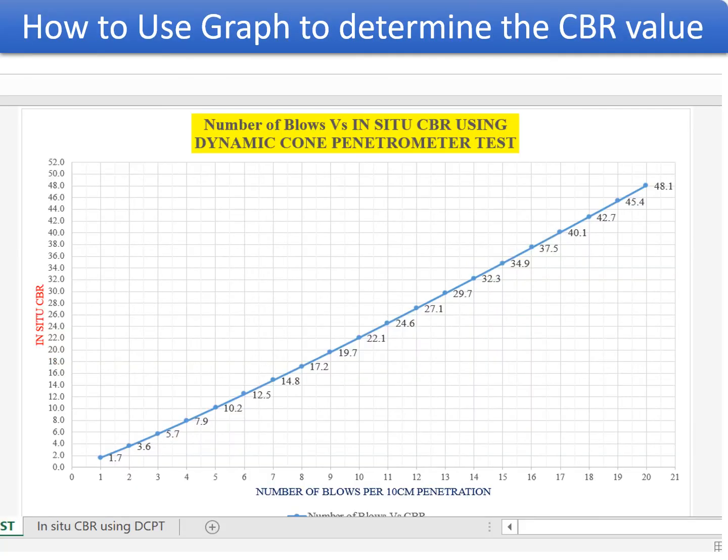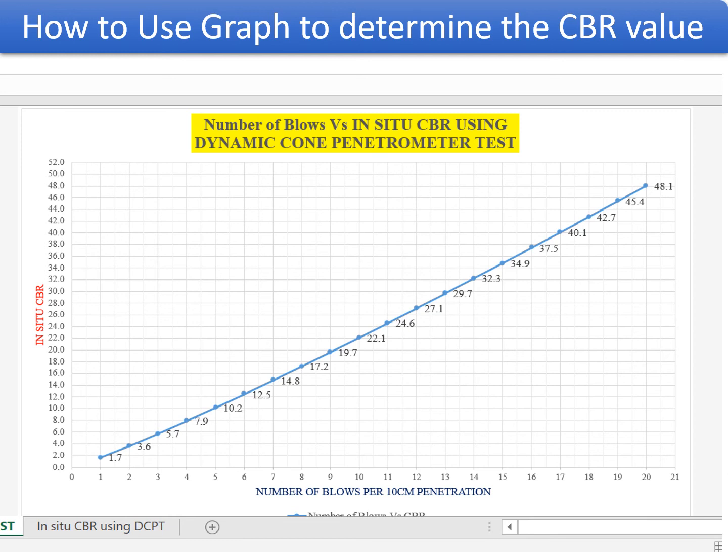Also, a graph is plotted using the data. In this graph, on the x-axis we have taken the number of blows, and on the y-axis the corresponding CBR value of the soil, so that in the field it will be an easy method to judge the CBR of the soil if the n value is say 8, 9 or 10 or something like 15 up to 20.